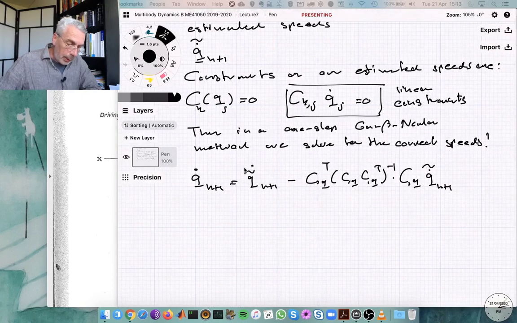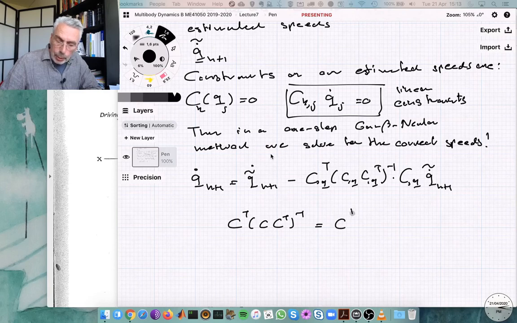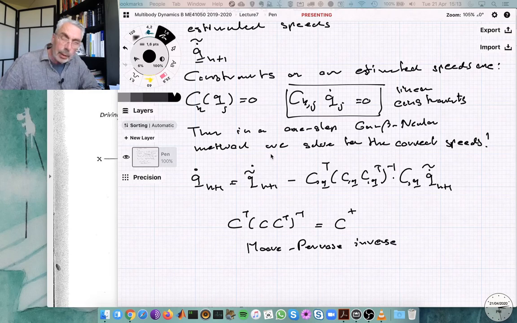By the way, this strange matrix, C transpose C transpose -1, also has the name of C plus, or what we call the Moore-Penrose inverse, and that's also sometimes used in MATLAB when you use the backslash.